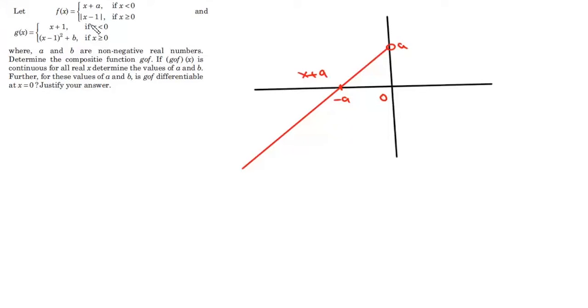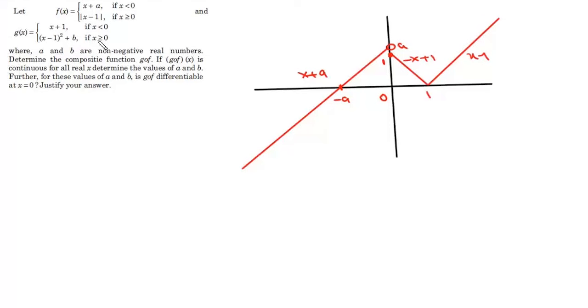And then we have this mod x minus 1. Now we can draw it below this graph or above this graph. It actually doesn't make a difference because the definition of gx changes at x equal to 0. So we'll draw this graph. This is 1 and this is 1. This is x minus 1 and this is minus x plus 1.